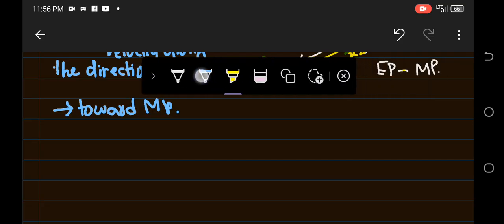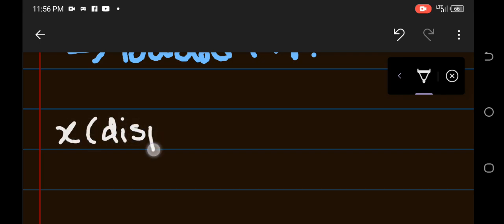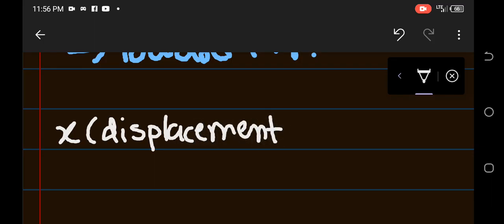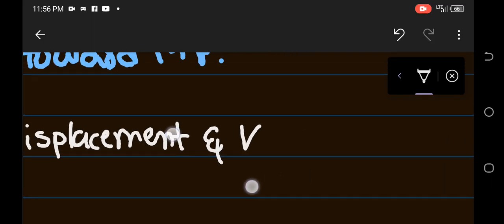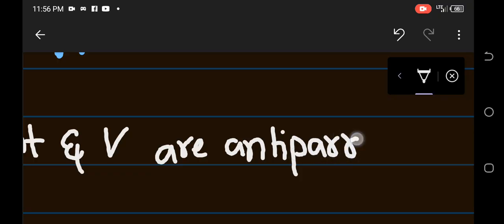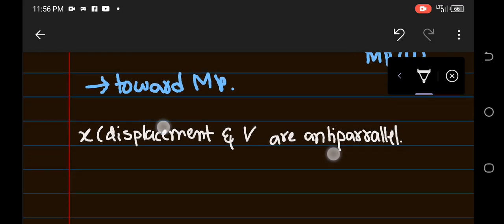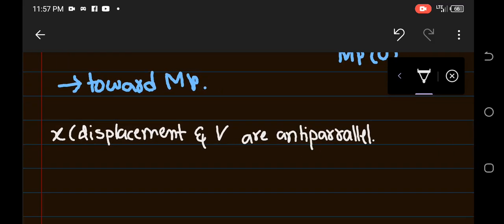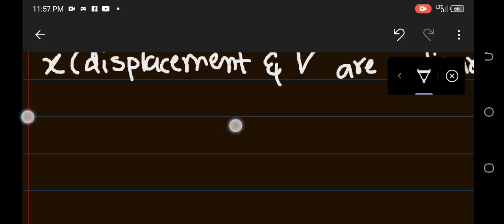So in this case we can say displacement, that is x, and velocity are anti-parallel. Displacement and velocity are anti-parallel to each other.